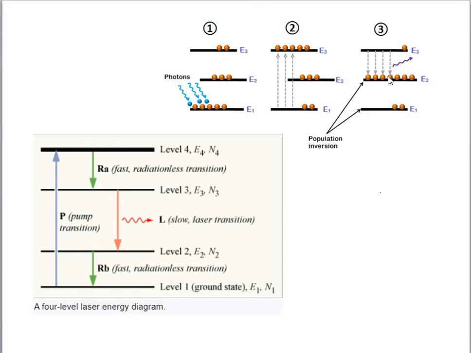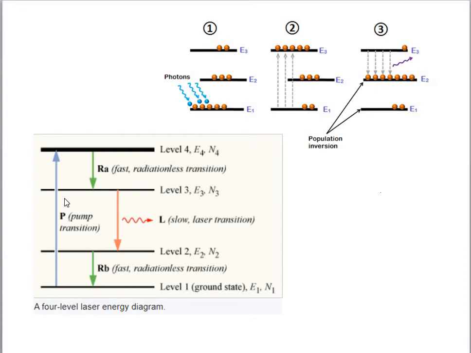As a result, there is a chance for stimulated emission, and stimulated emission is responsible for laser production. So that is a very simple way to explain laser production.